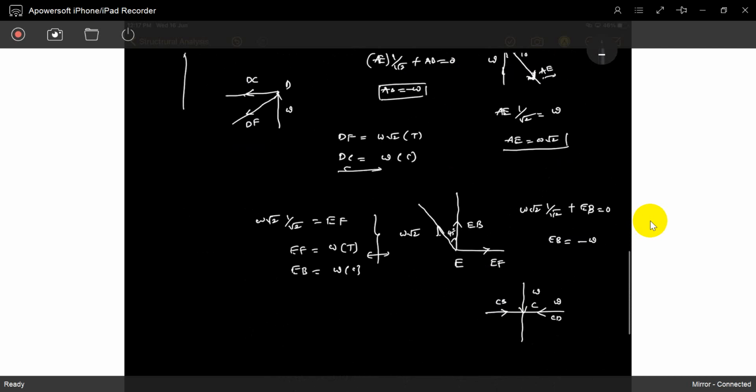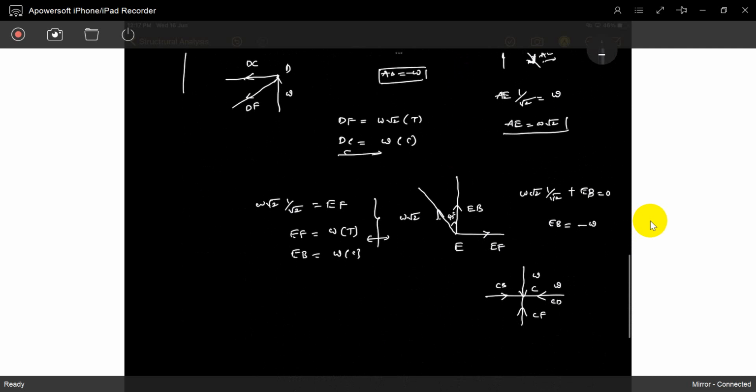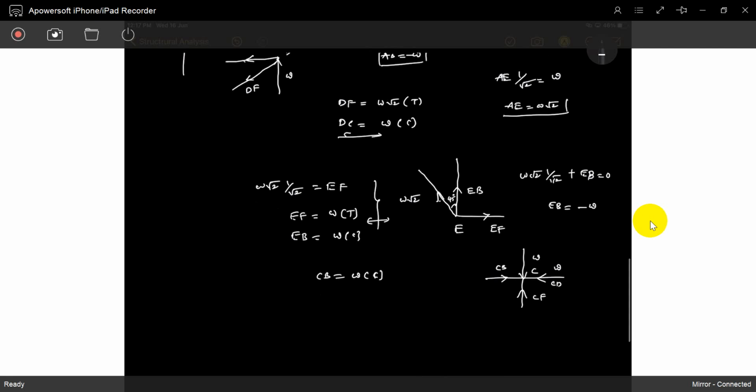Just by looking, you can say that CB is W compression, CD is W compression, CF also W compression. Otherwise, this W must be balanced by this force, and this CD must be balanced by CB.